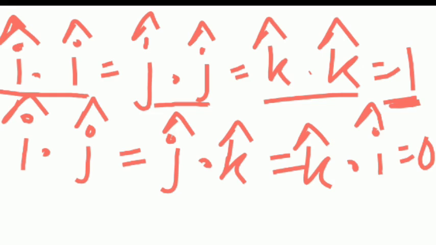Now suppose we have different vectors like i cap into j cap, or j cap into k cap, or k cap into i cap in any order. If they are different, then the product is equal to 0, because in that case cos theta is equal to 0, because theta is equal to 90 degree.